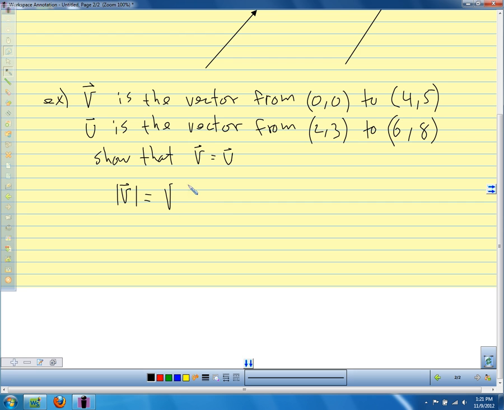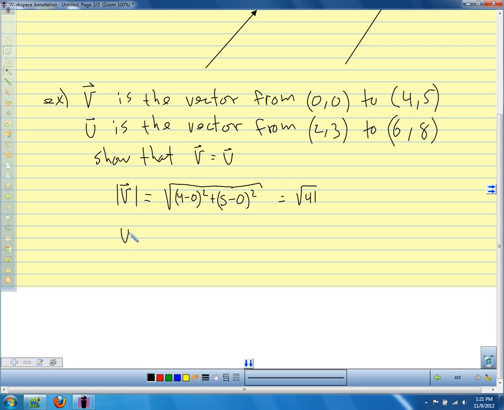we use the distance formula, is 4 minus 0 squared plus 5 minus 0 squared, and this gives me the square root of 41. 25 plus 16.